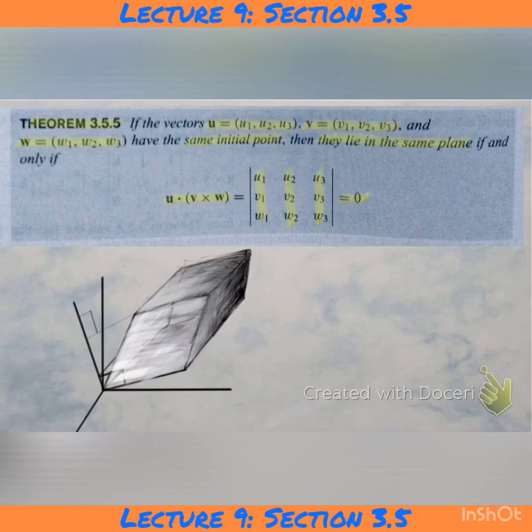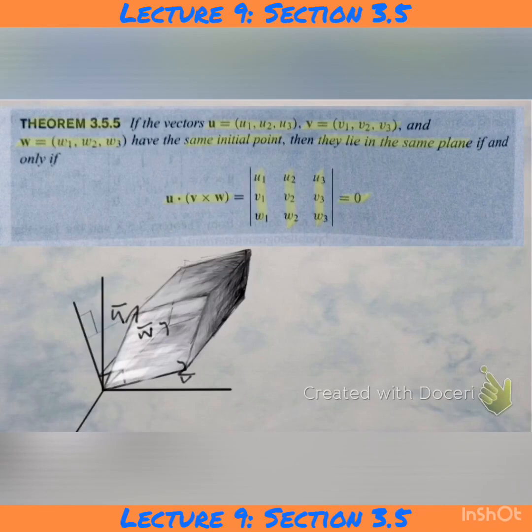Now we know that these 3 vectors induce a 3-dimensional parallelogram, and here's just a schematic representation. This is the vector w, this is the vector u, and that's the vector v. Those were the vectors we talked about. Now the question is, when will these 3 vectors lie in the same plane? Well, geometrically, that will happen when the volume of this 3-dimensional parallelogram is 0.